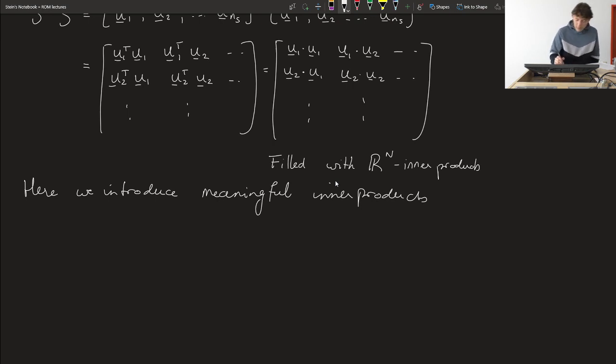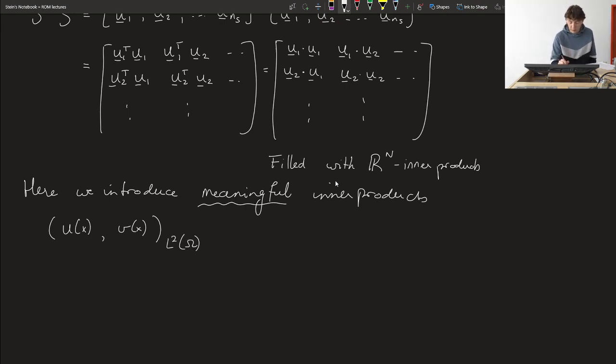Okay, so I'll put a squiggly line under meaningful because obviously that's a vague term at this point. So let's make that explicit. The one we're going to be interested in is the L2 inner product. We have a function u of x and a function v of x, and this is how we write the L2 inner product of those functions.